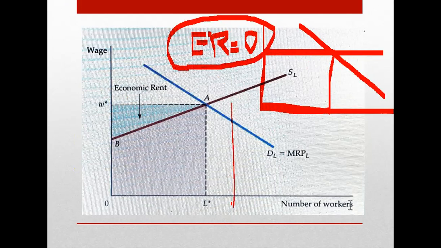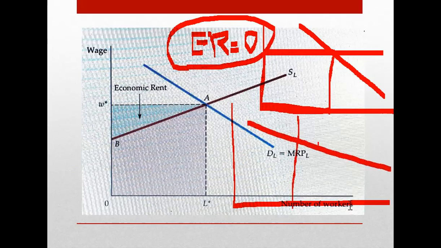And let us take another case where the supply curve becomes perfectly inelastic, like this. Then also we have a situation where the full amount will become the economic rent.